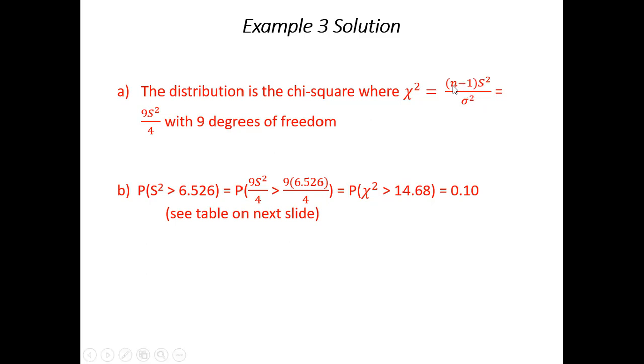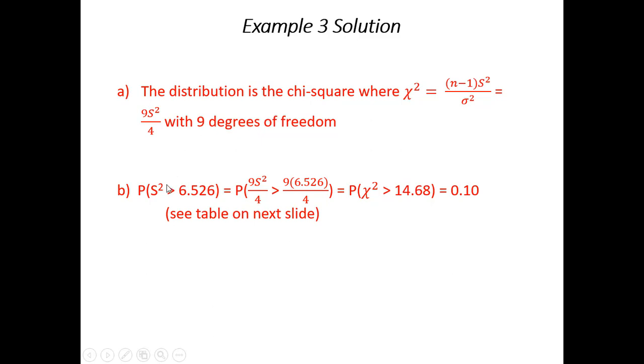We know n, our sample size was 10, so n minus 1 is 9. Our population variance is equal to 4. So we get 9s squared over 4, a chi-squared distribution with 9 degrees of freedom. All right, so this will point us in the right direction in terms of what table to use and where to look in the table.